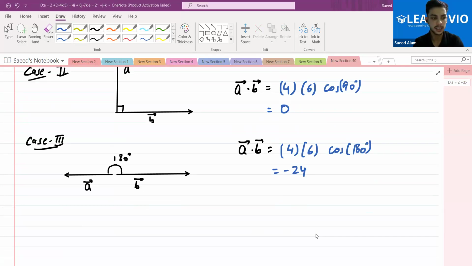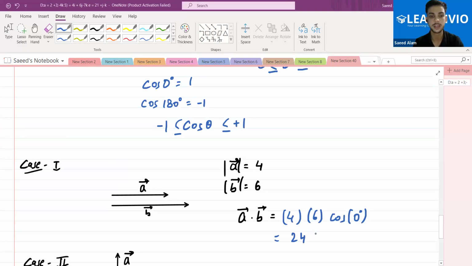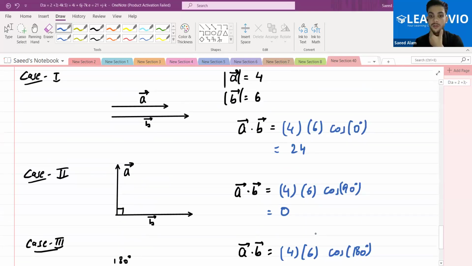So can we say one thing, that whenever the dot product of the two vectors is 0, what does that completely mean?